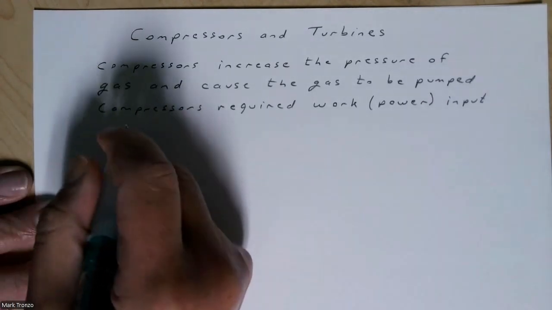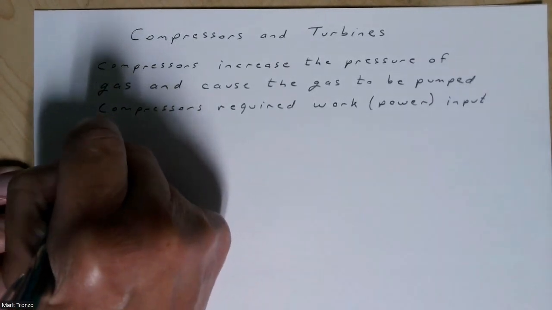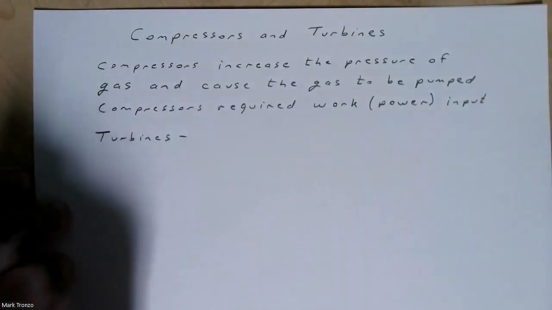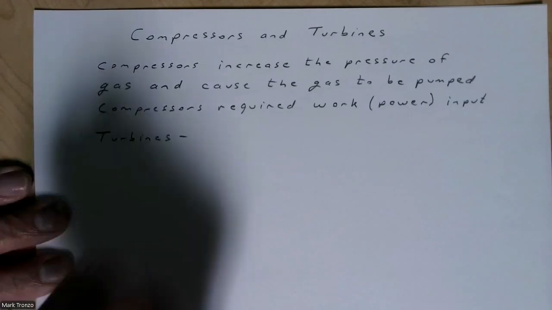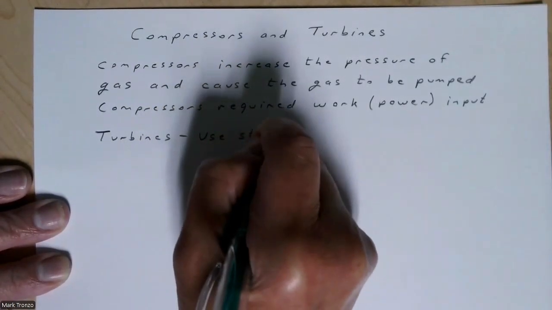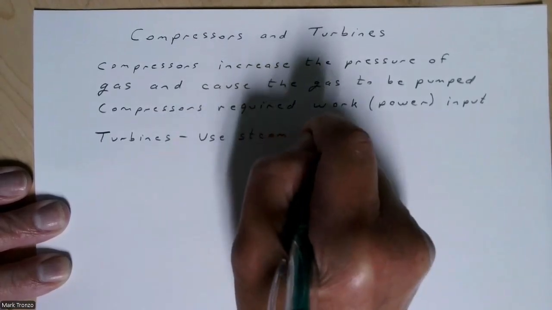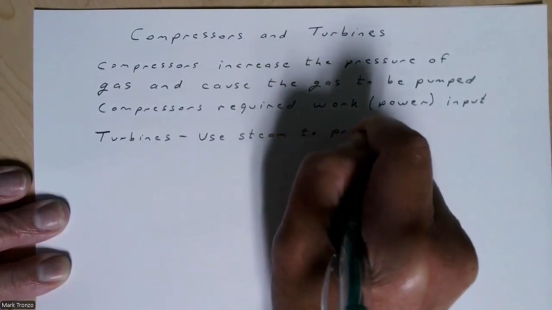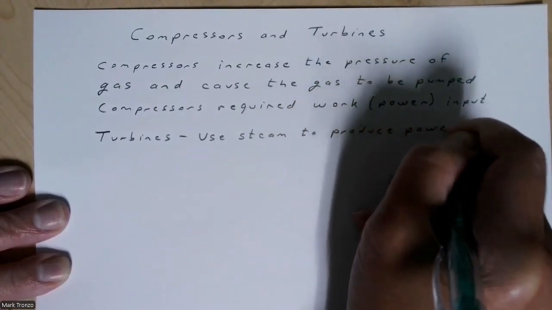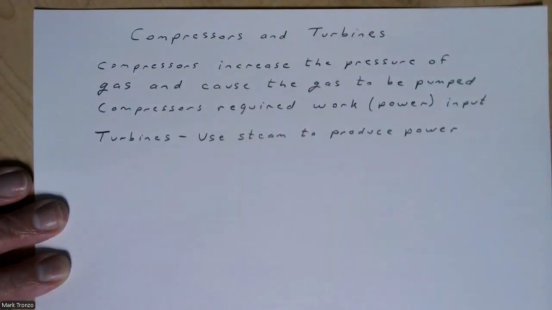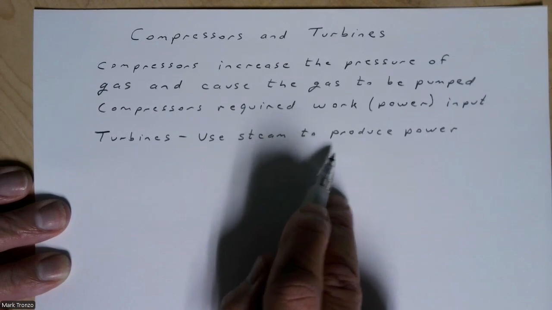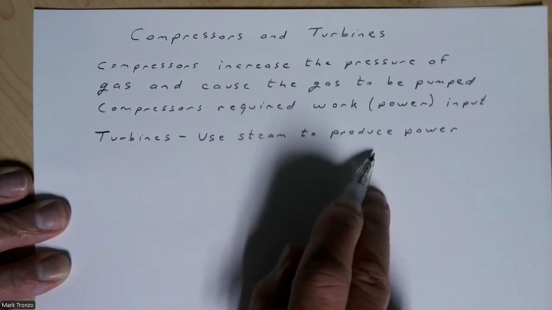And turbines, they use steam to produce power. Now, they can use other gases. It doesn't have to be steam, but it's usually steam, and they use steam to produce power.